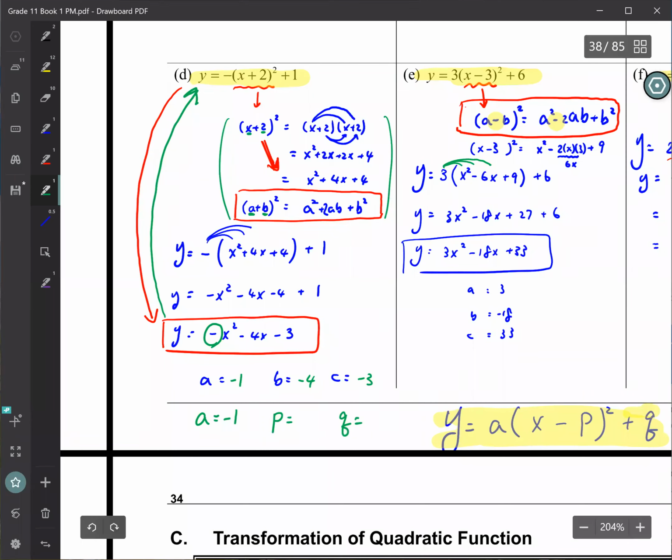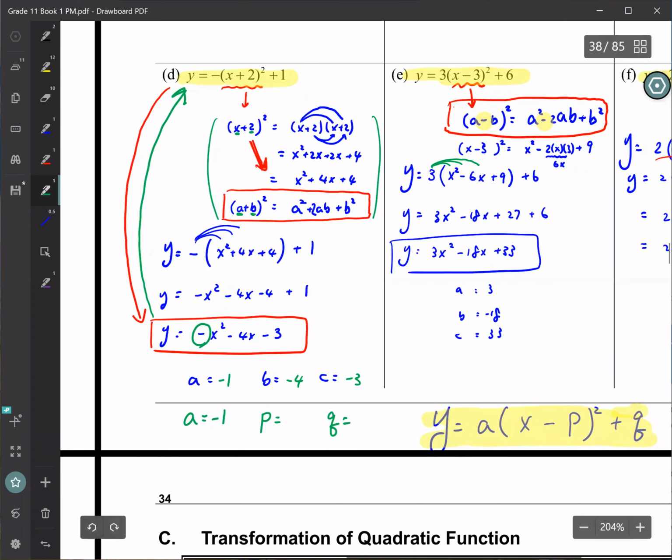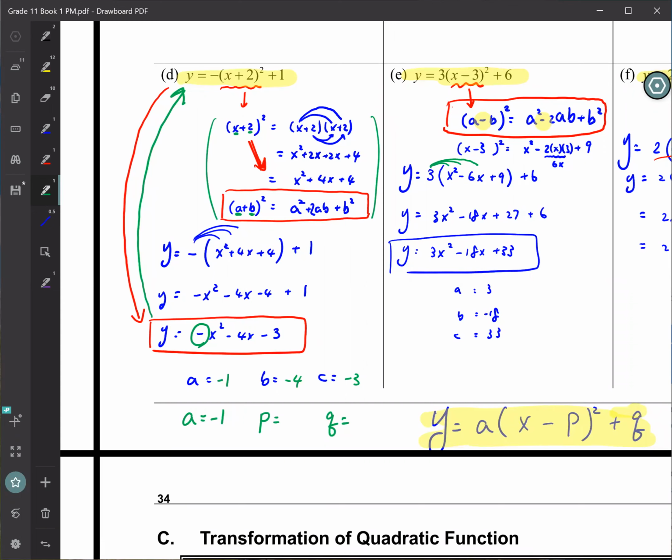p should be in x minus p, right? So here we have x plus 2. What do you think the p should be? Any guess? Is it -4? Okay, let's try.